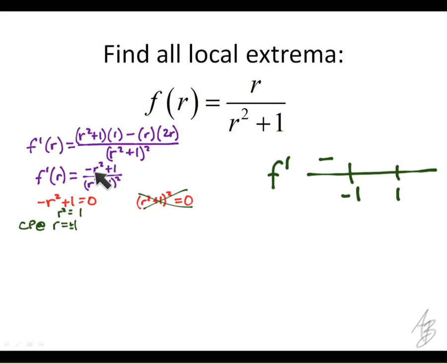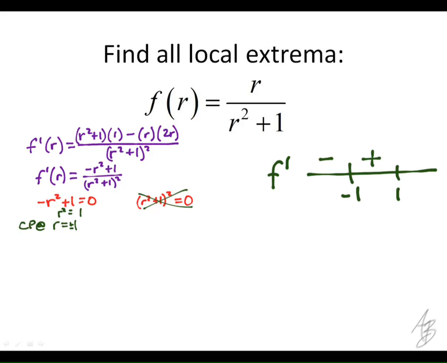We could plug in 1/2 or negative 3/4 or some other random number between negative 1 and 1, but I like 0. If we put 0 in there, we get 0 plus 1. It's going to give us a positive, which also means that everywhere between negative 1 and 1, the derivative is always going to be positive.